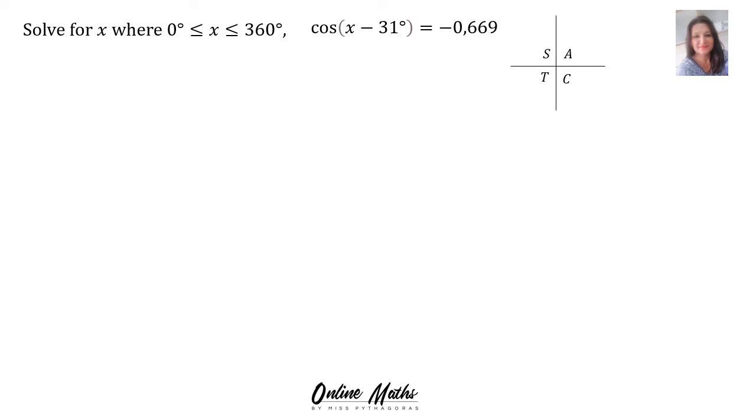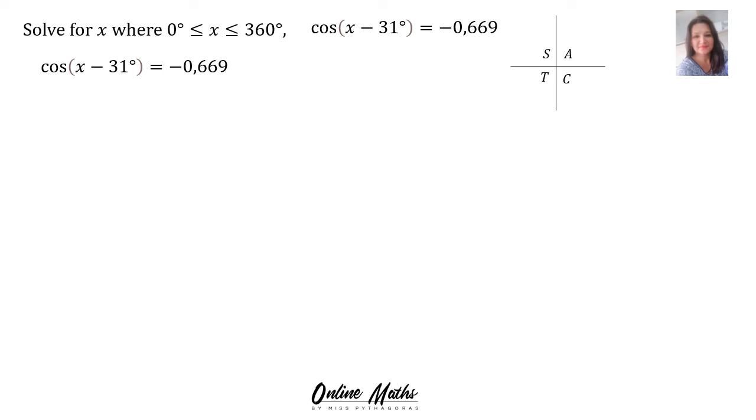Solve for x where, and now that means in 4 quadrants, any of the 4, and then cos bracket x minus 31 degrees is equal to minus 0,669. Now, don't let the minus 31 walk across in this step, because on the left hand side there's angles and on the right hand side there's just numbers.